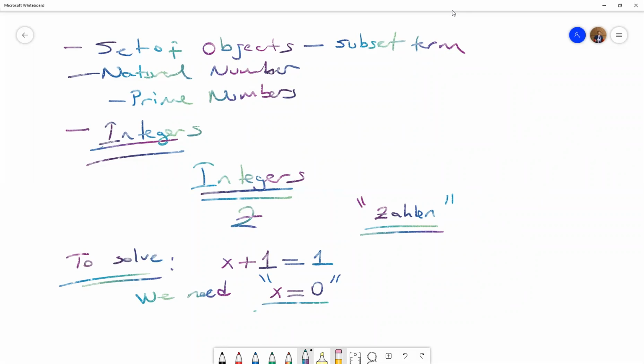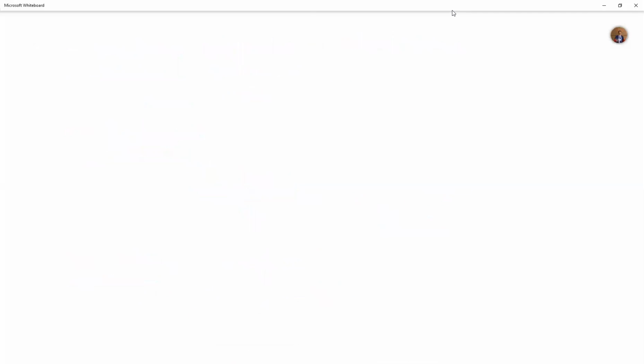So 0 is under some word, but I don't know if it is a natural number or another one. So another equation maybe. I write again, x plus 1 is equal to 1.